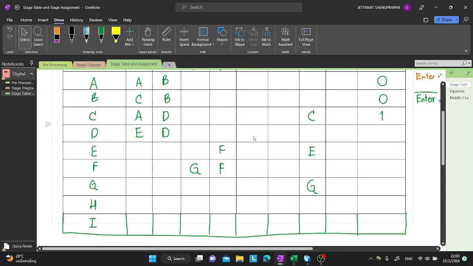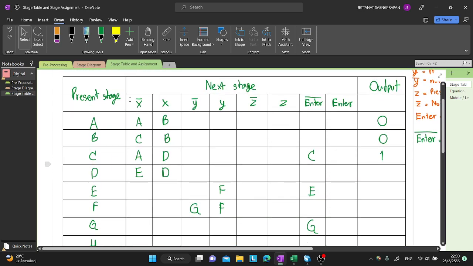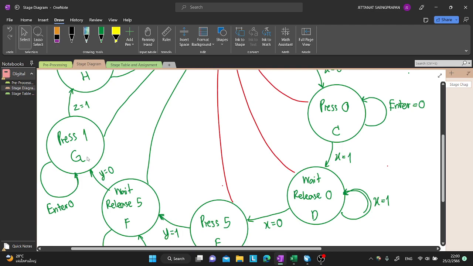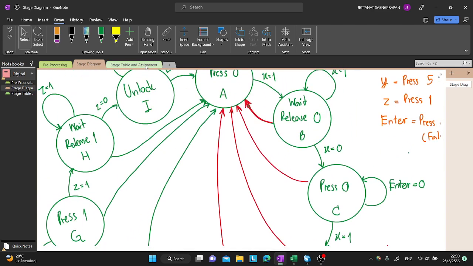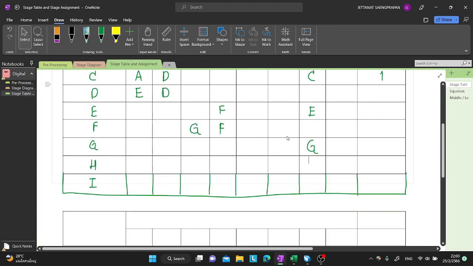And if I press 1, which is Z, number 1, it goes to the next stage, stage H.